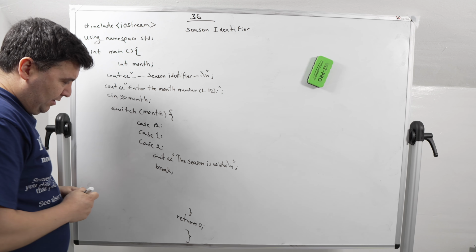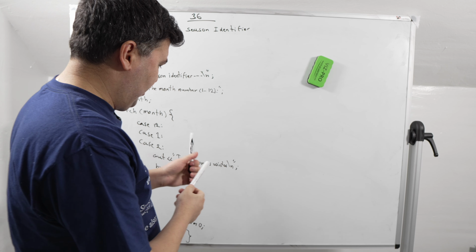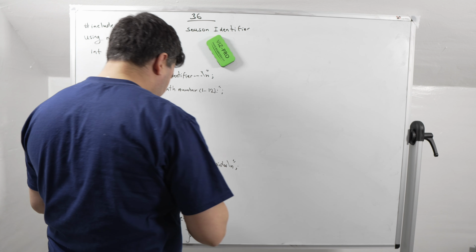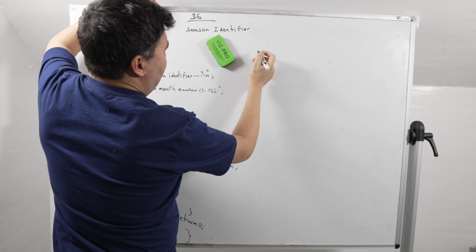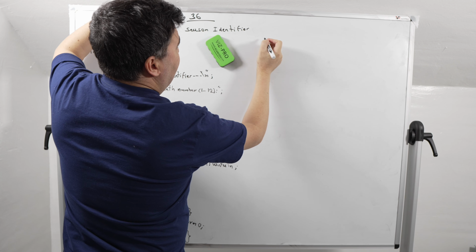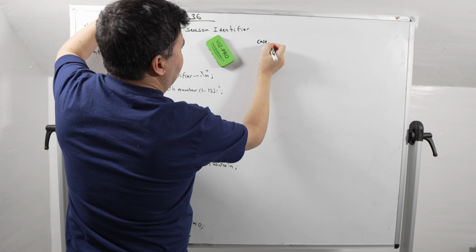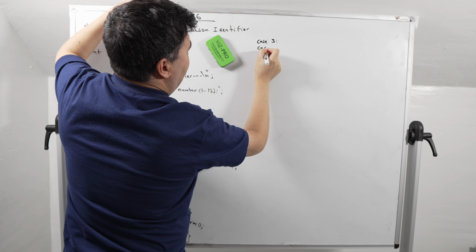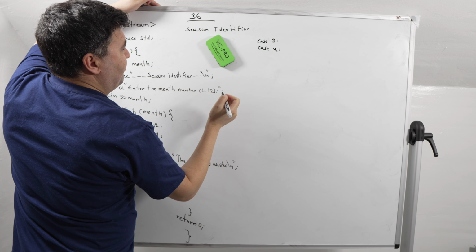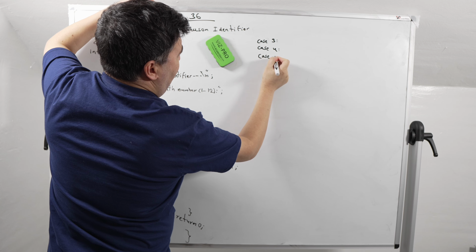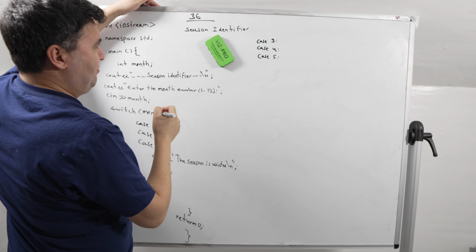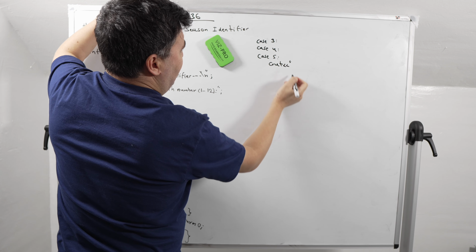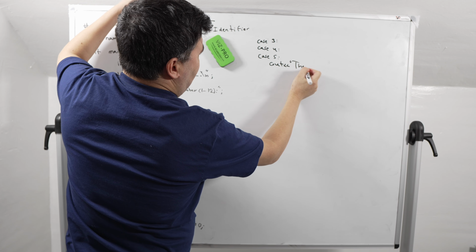So now let's go and define other cases. I write here the remaining of the code in this side of the whiteboard. So for case 3, case 4, case 5, if the user enters one of these numbers, we cout and say the season is spring.